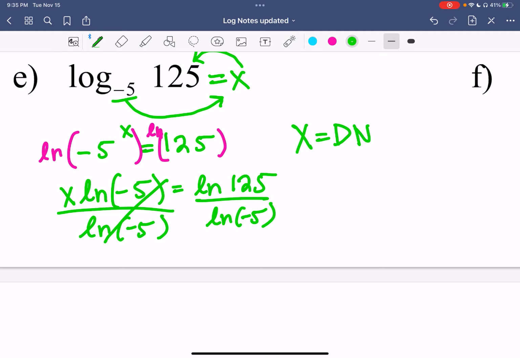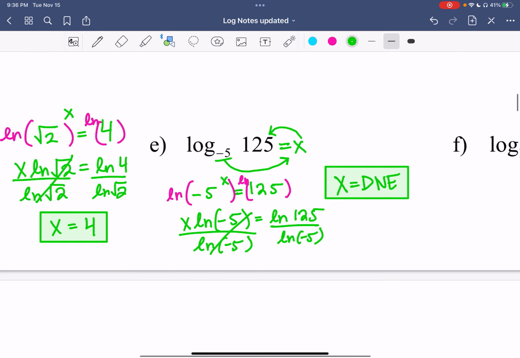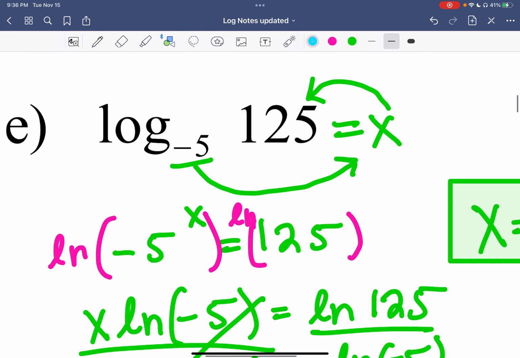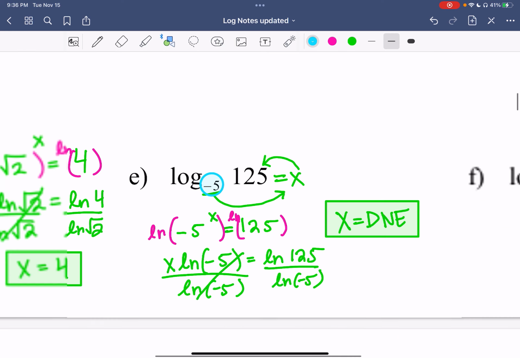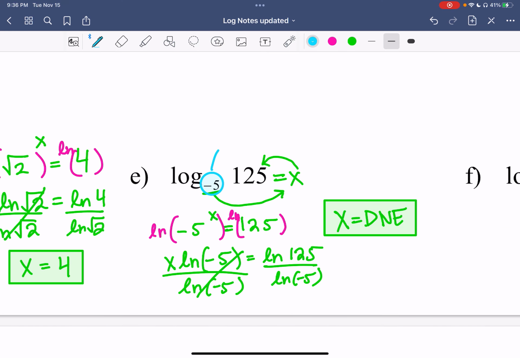So DNE stands for does not exist. Now, why does it not exist? That's a good question you're probably asking yourself. The reason why is because of this base. So your base cannot be negative.